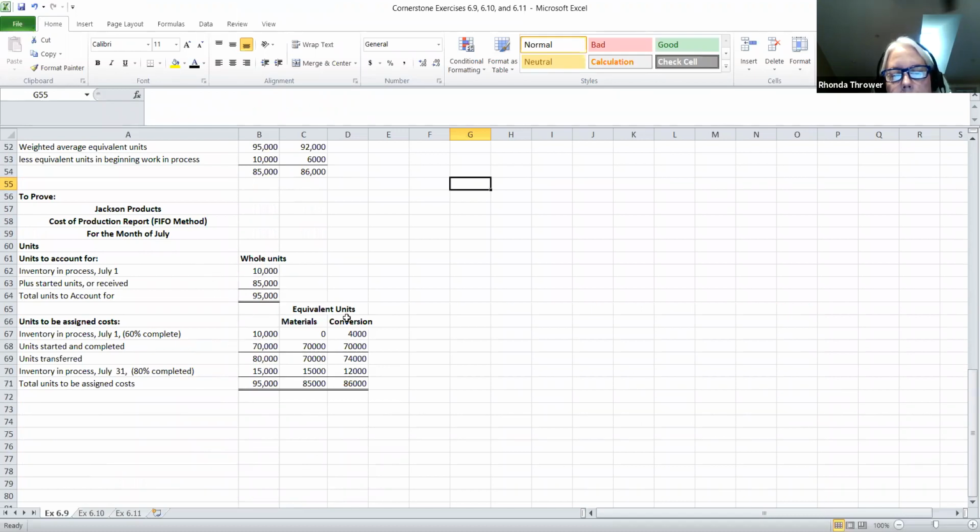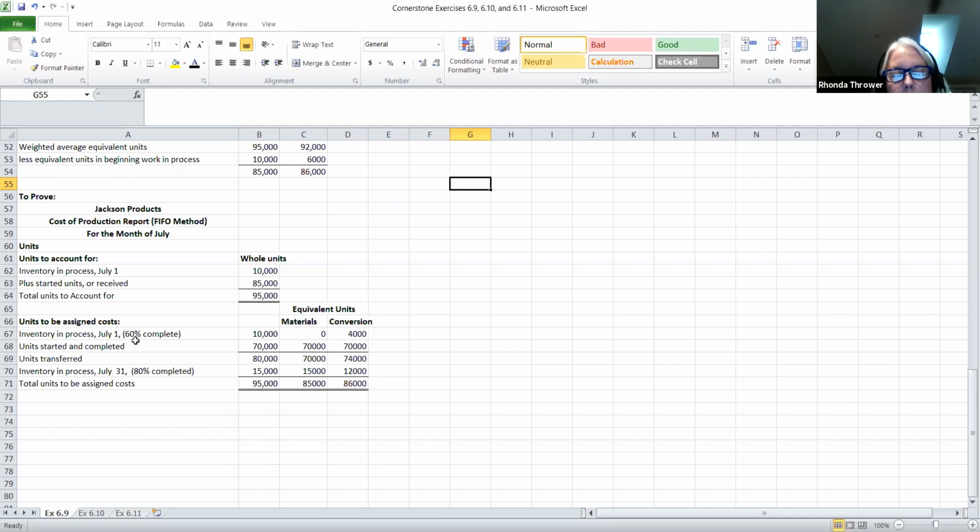For the FIFO method, the equivalent units, this would be a review for you, because in the last videos that I showed to you, we actually calculated the FIFO method. So this is just a review of how you get equivalent units. If the beginning inventory was 60% complete as far as conversion was concerned, then remember we had to take the complement of this to get the conversion equivalent units for our beginning inventory.